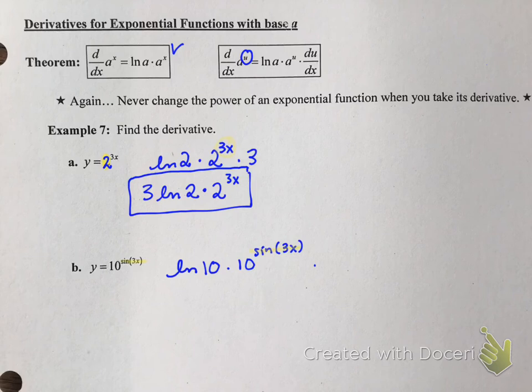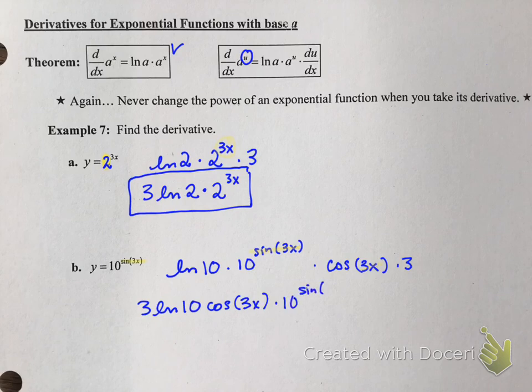So sine of 3x, this is using the chain rule. I get cosine of 3x. And then I have to take the derivative of this inside function, which is 3. Okay, so I can rewrite this as 3 natural log 10 of cosine of 3x times 10 raised to the sine of 3x. And that's about the best I can do with this.